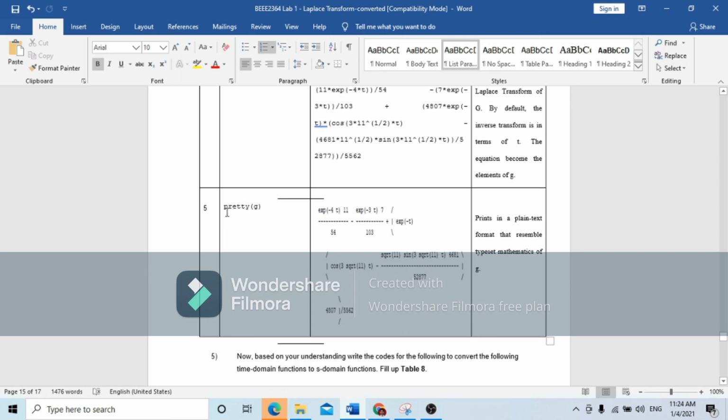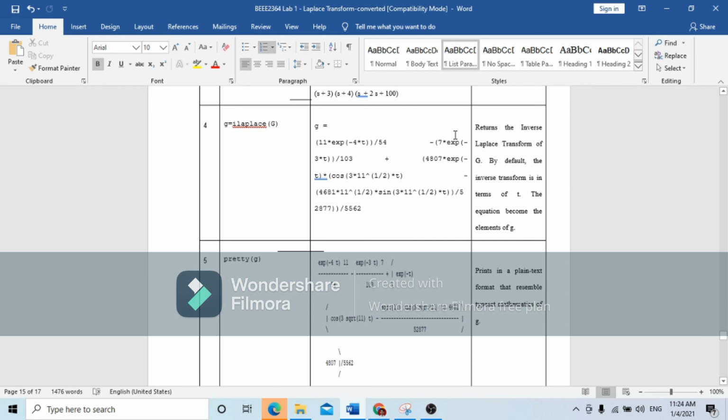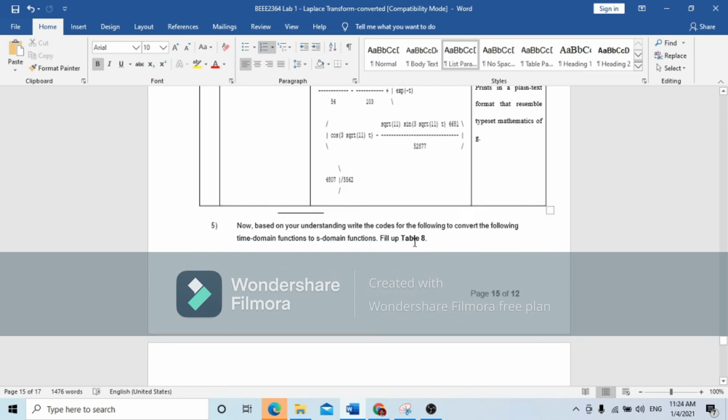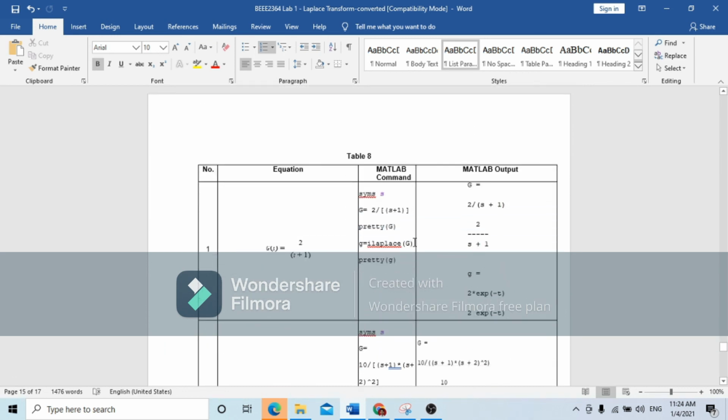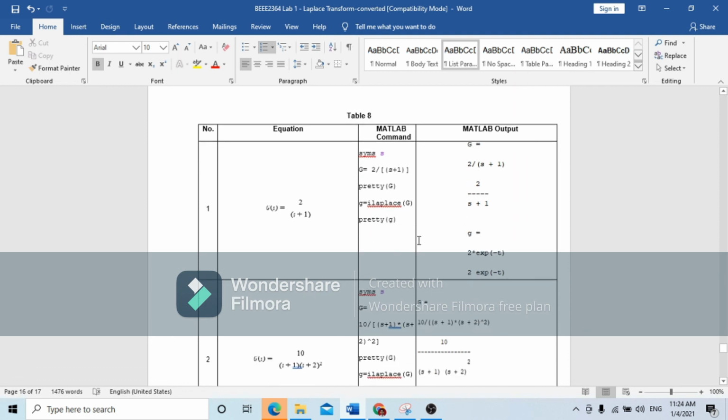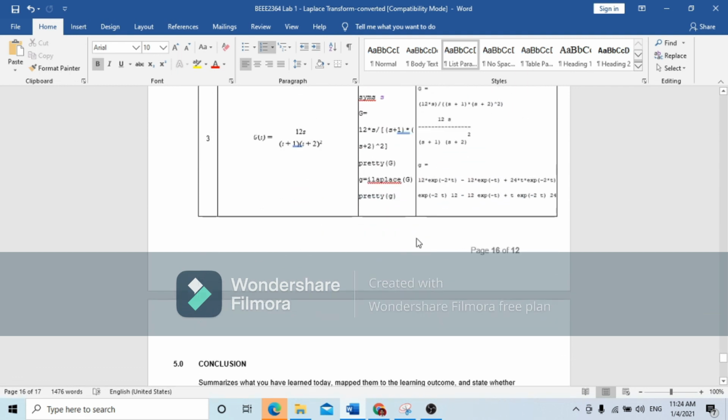The pretty(G) will print the typeset mathematical format for the small g equation. So that's all from me.